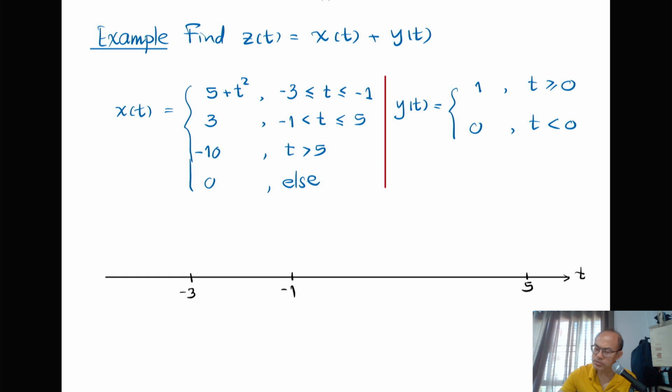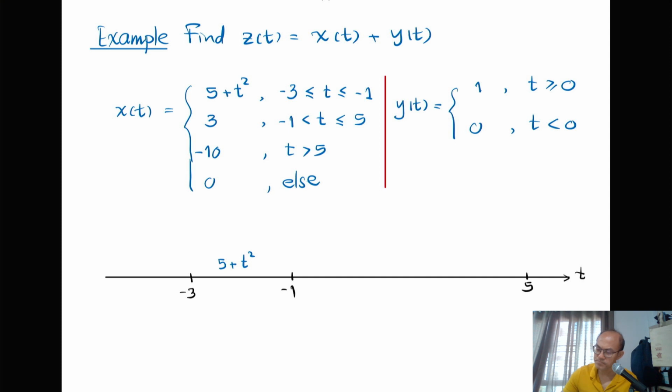Now x, when time is from -3 to -1, x is 5 plus t squared. So let's write it down: 5 plus t squared.